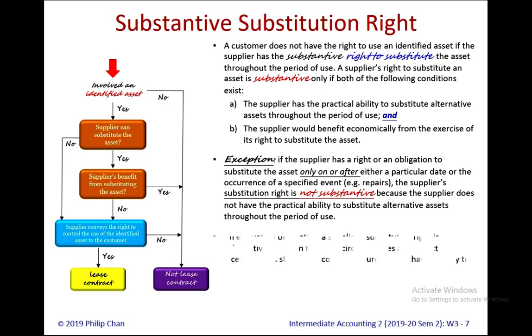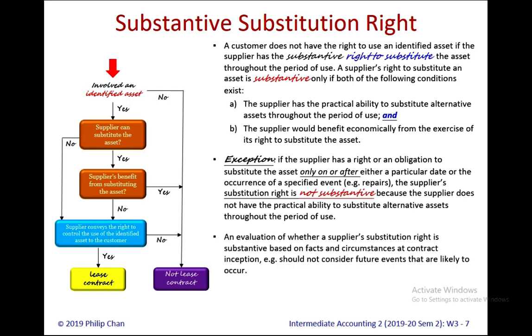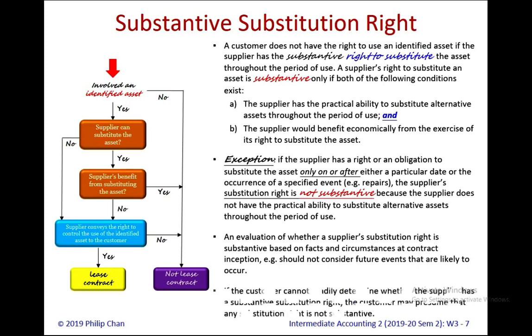So we know that the evaluation of whether the substitution right is substantive is based on facts and circumstances only at the contract inception, the day the two parties sign the contract. In this case, you consider all the possible facts that you know at the contract inception date, and then make a judgment to decide whether the substitution right is substantive or not.